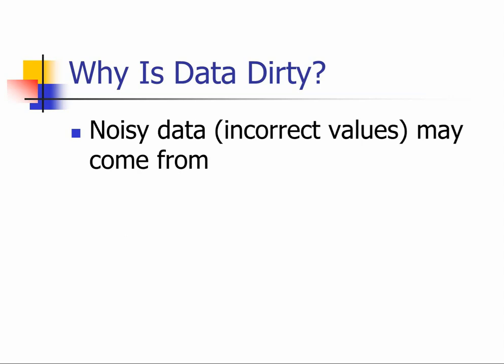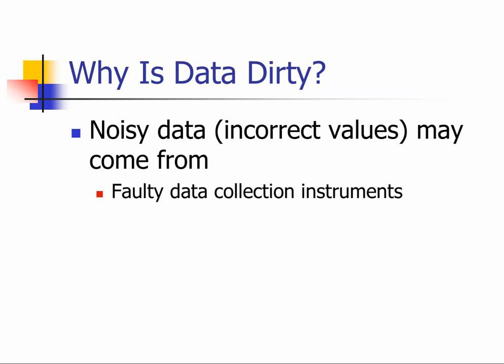So noisy data or incorrect values can come from faulty data collection instruments. Sometimes we type in our values. Sometimes we use machines to record, and there are many different ways that you can combine what we call computer engineering with the data input, and in that case, of course, error can happen all the time.